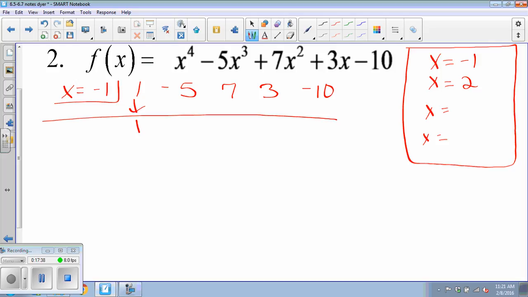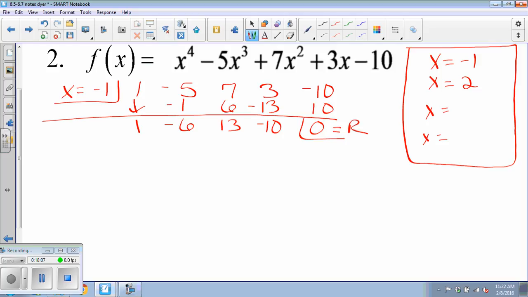So we bring down the 1. Everything gets multiplied by negative 1. So that's negative 1. And we combine, we get negative 6. Times negative 1 is positive 6. And we combine, we get 13. Multiply by negative 1, we get negative 13. Combine, we get negative 10. Multiply by negative 1, we get positive 10. Combine, we get 0. That's our remainder.